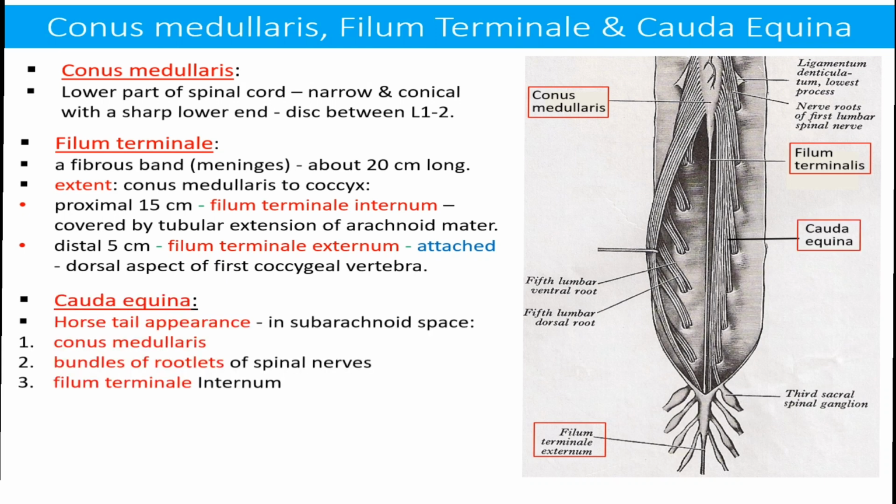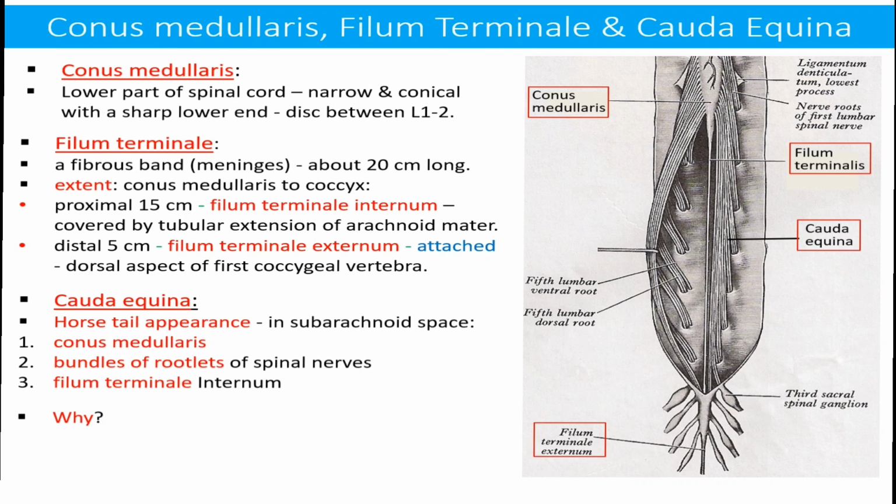Cauda equina is the horse-tail appearance in the lower part of the subarachnoid space. It is made up of, number one, conus medullaris, number two, bundles of rootlets of spinal nerves, and number three, filum terminale internum.